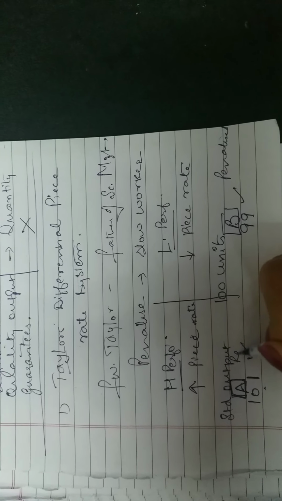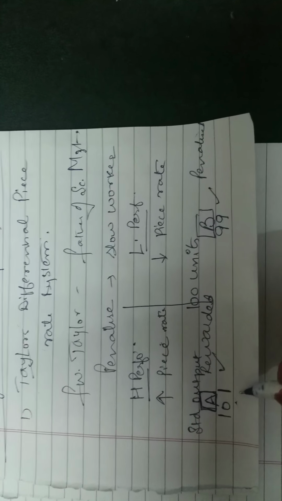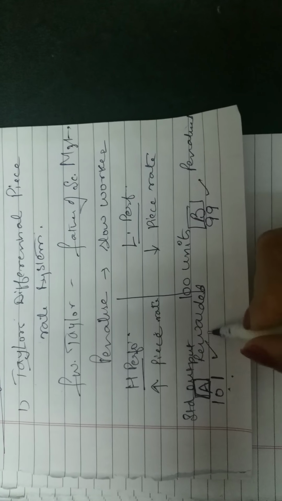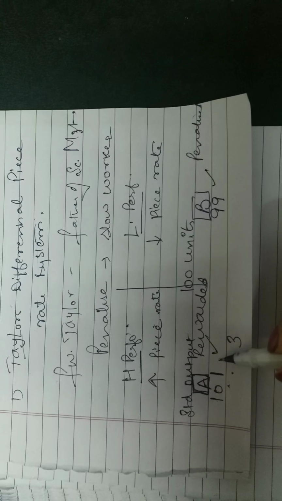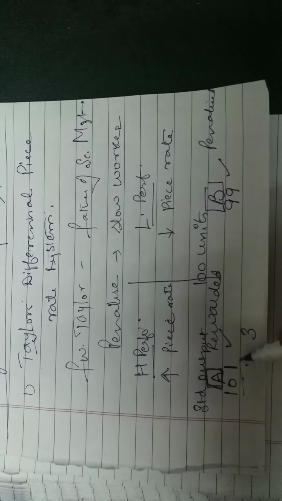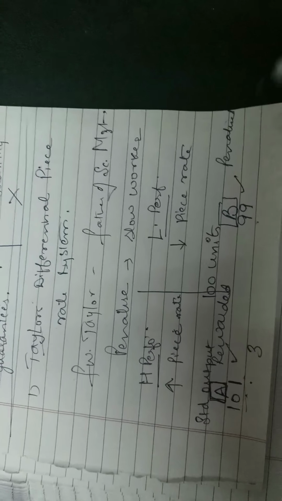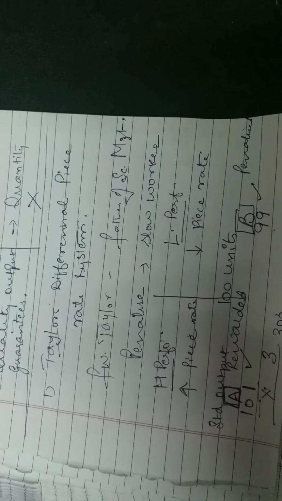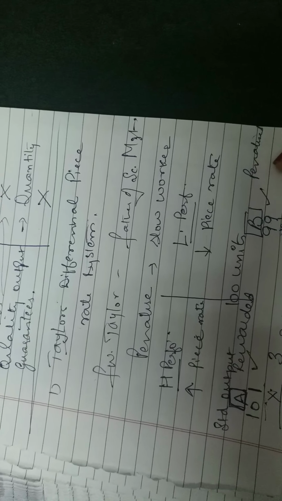Now, penalize over here means giving him low wages. So if the piece rate says 3 rupees for the person who is achieving the output and 1 rupee for the person who is not achieving, you can very well see, when we multiply, A will be given 303, and on the contrary B will receive only rupees 99.